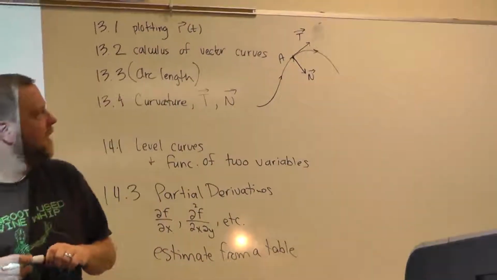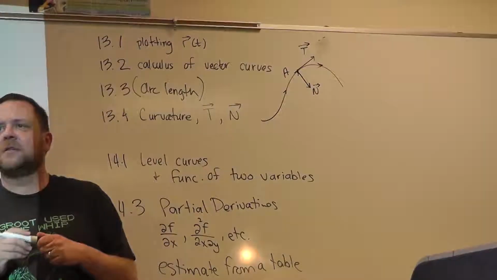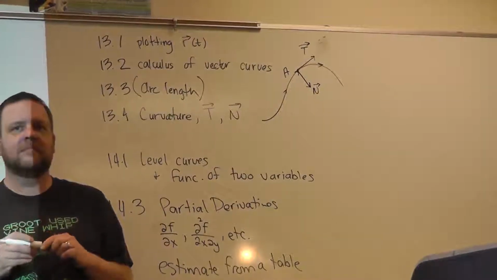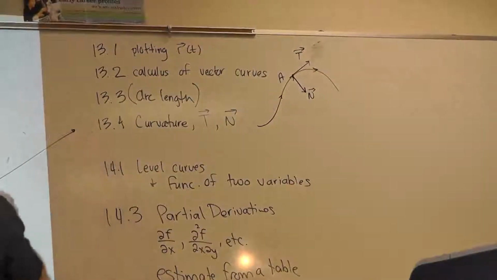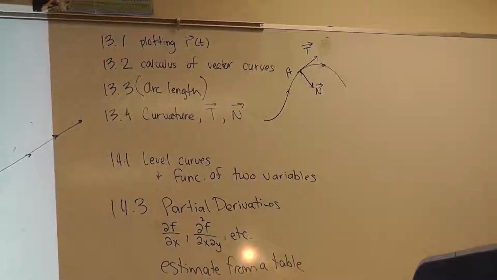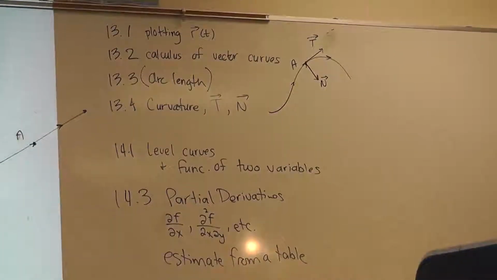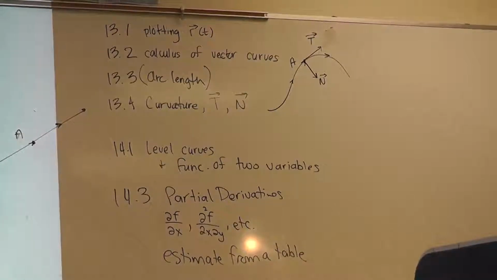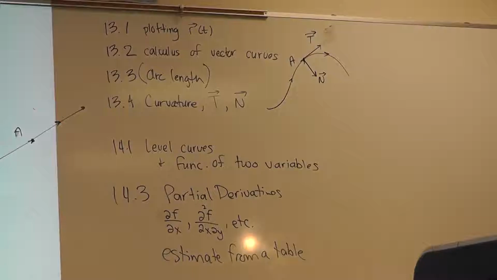Do the unit normal and unit tangent vectors ever vanish? If there's no curve, in other words, if you had no curvature, if you were in a straight line, still oriented to the upper right like this, and here's your point A, what would your unit tangent vector look like? Or would there be one? Yeah, there will be one, straight down the line.